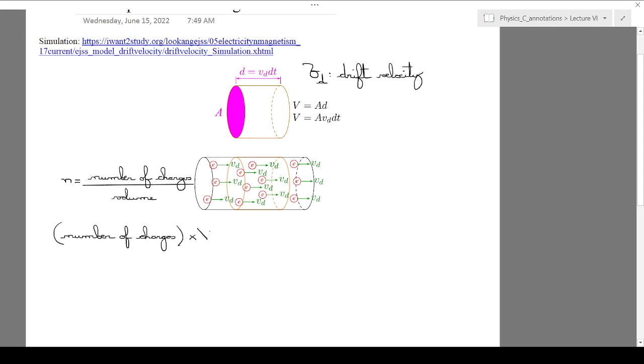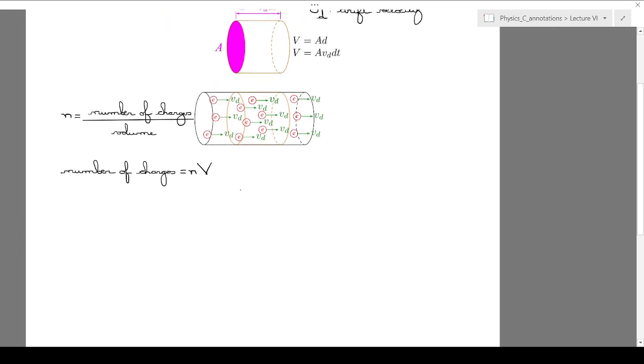Sorry, I have to multiply by the volume. So it's going to give you, since we found one expression here for this volume, you can actually write this as N A times the drift velocity and times dt.